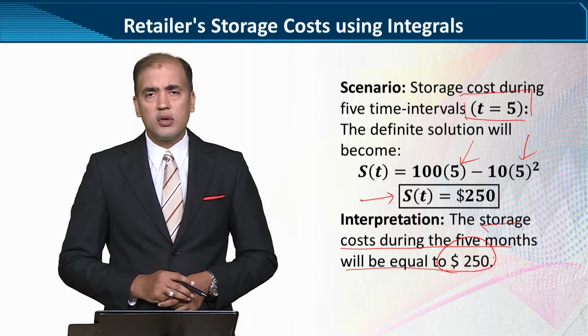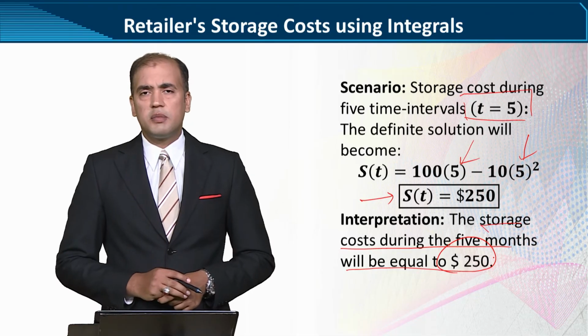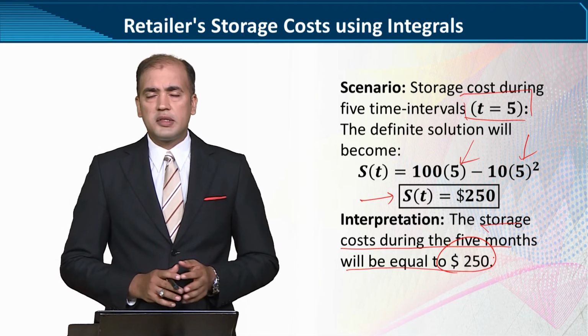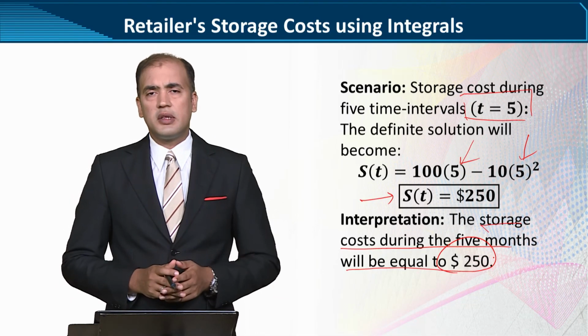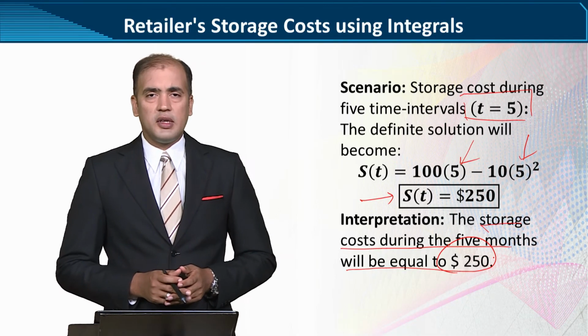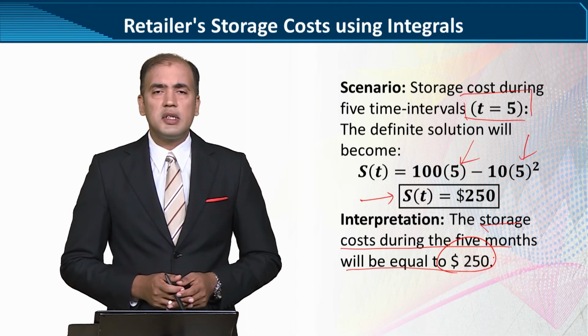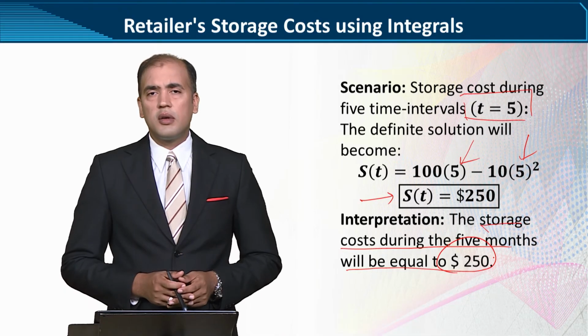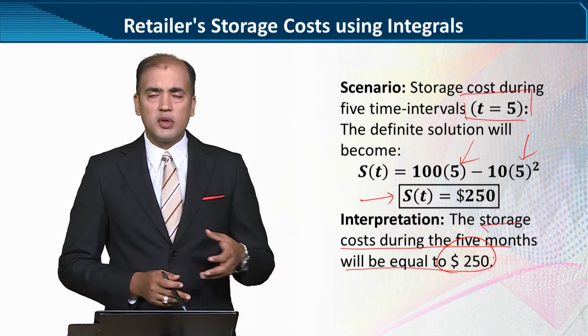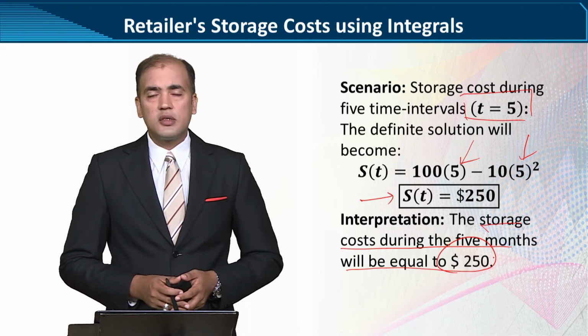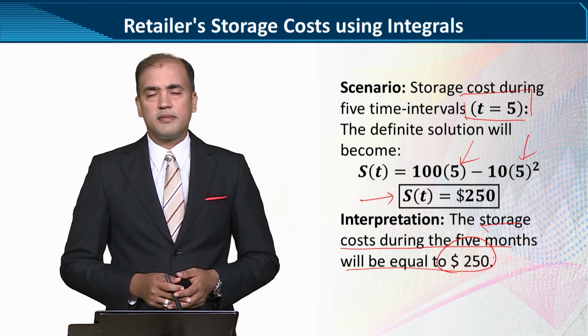That will be the storage cost after we have spent 5 months while the things are stored in the storage facility. So in this way, one of the components of the total production cost, that is the storage cost, is analyzed by using integration. Thank you.